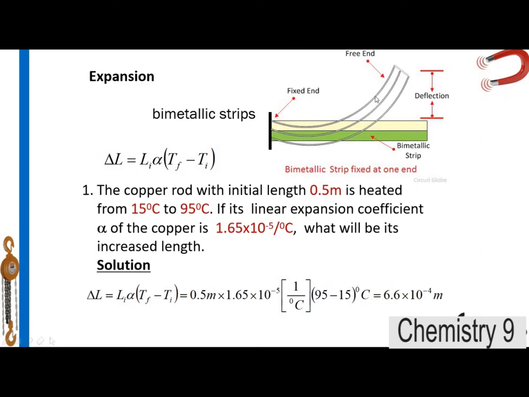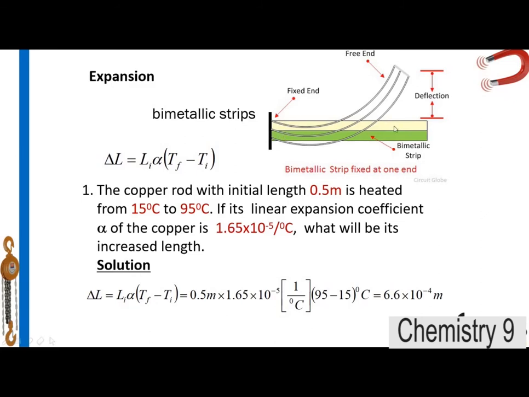And what happens is that as you apply heat to this bimetallic strip, it actually begins to expand, and as a result of the expansion, you can see that the strip itself begins to move away from its original position, which is a horizontal position.